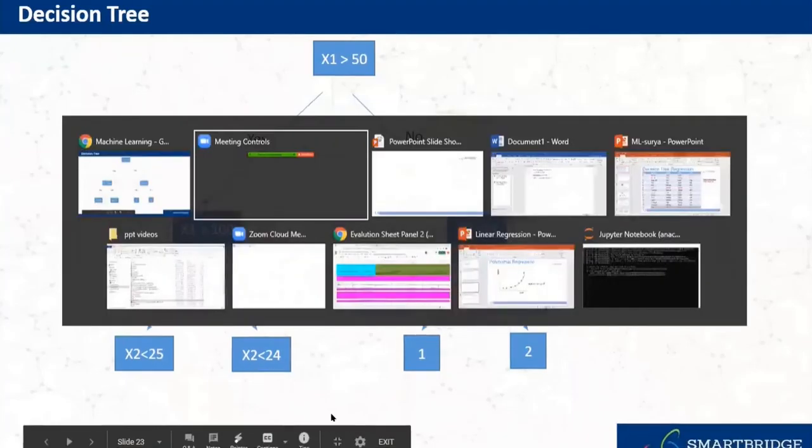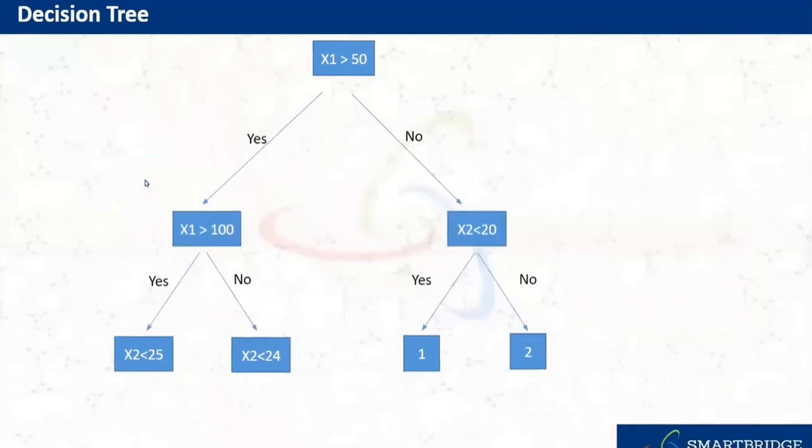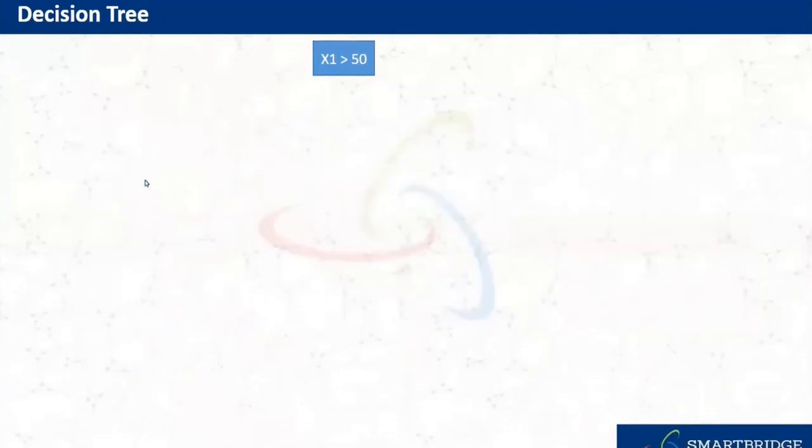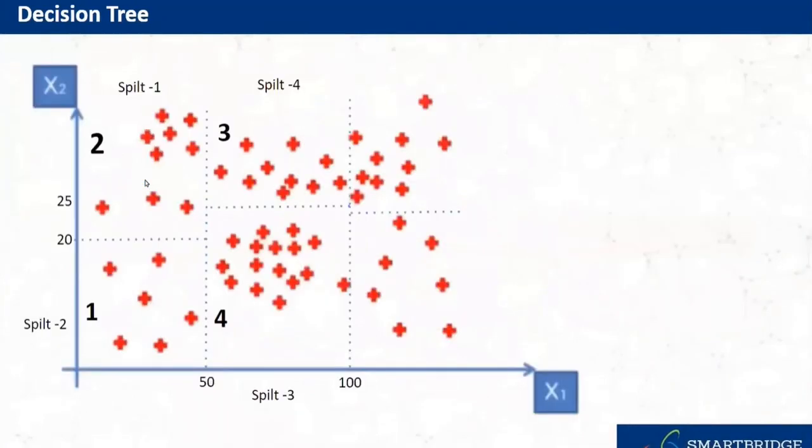So suppose x2 is less than 24. So where does the data come? x2 is less than 24. Where does the data come, guys? Split 2 or split 4?